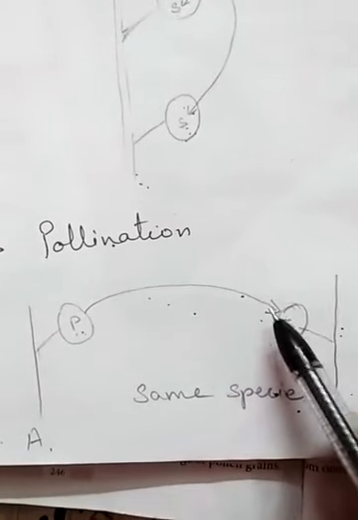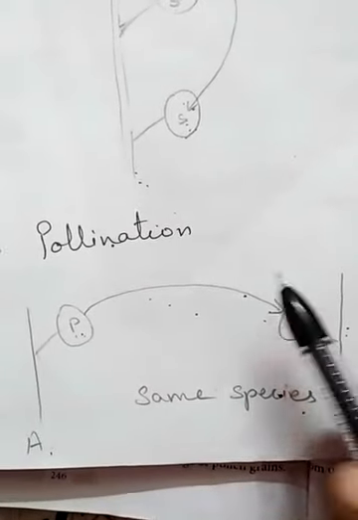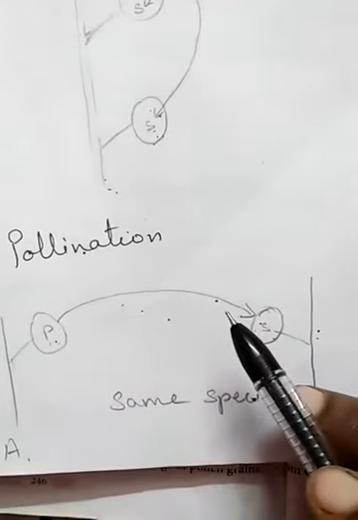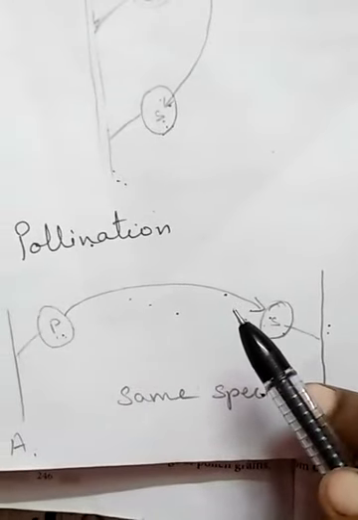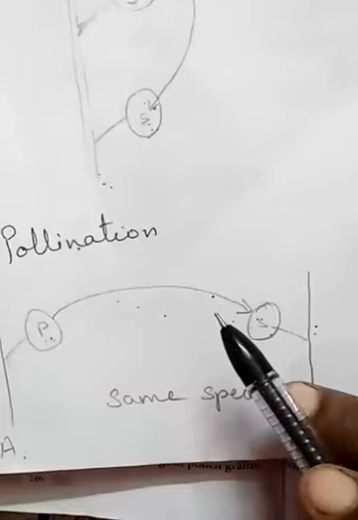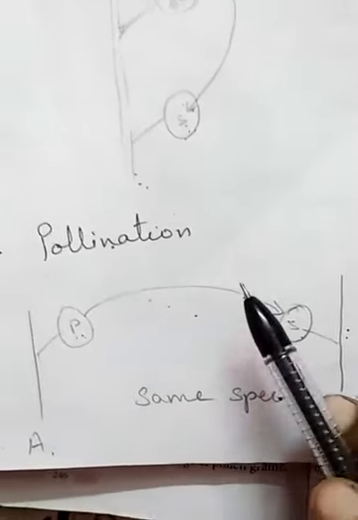The agents which help in this transport of pollen grains are insects, water, wind or animals. The agents of cross pollination we are going to study today.